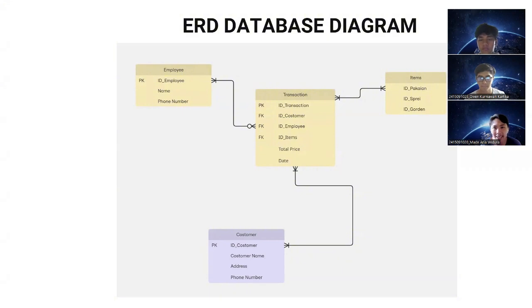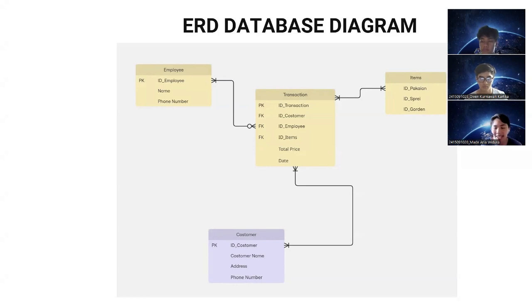The transaction has foreign keys, which are ID customer, ID employee, and ID item. And because item is a weak entity, there is no primary key in there.